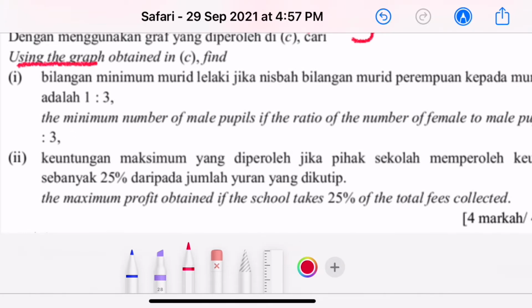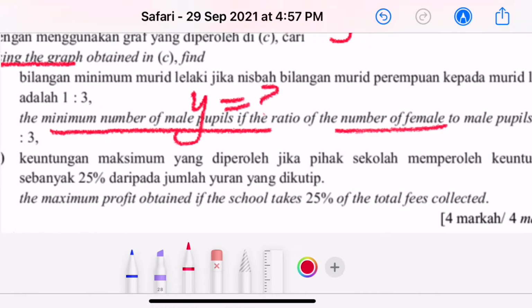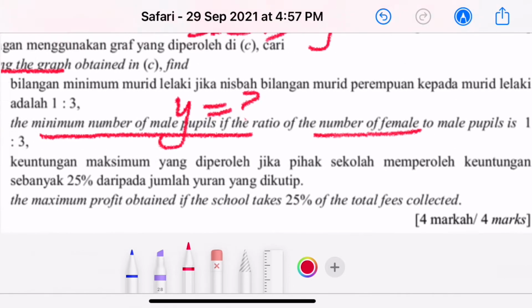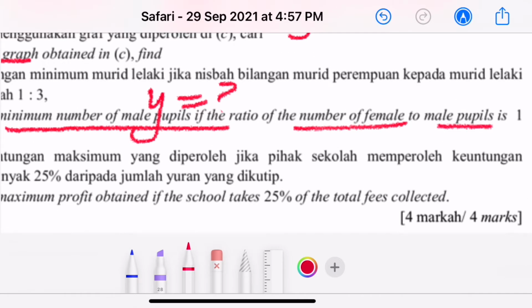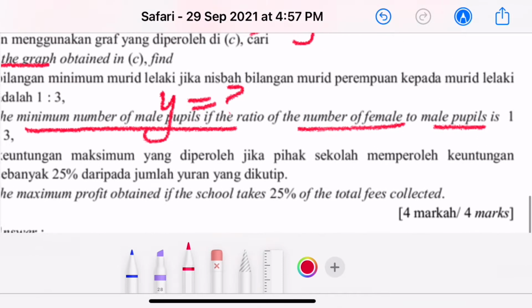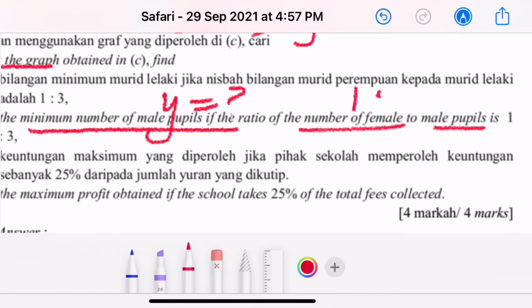Based on the graph, find the minimum number of male pupils. Male is y. What is y when x is given? The ratio of female to male pupils is 1 to 3. We are going to use the graph later to find how many.